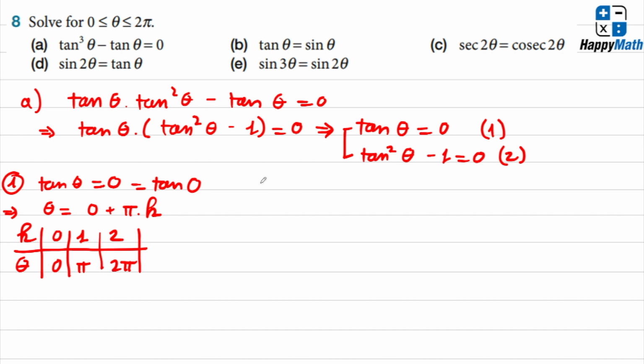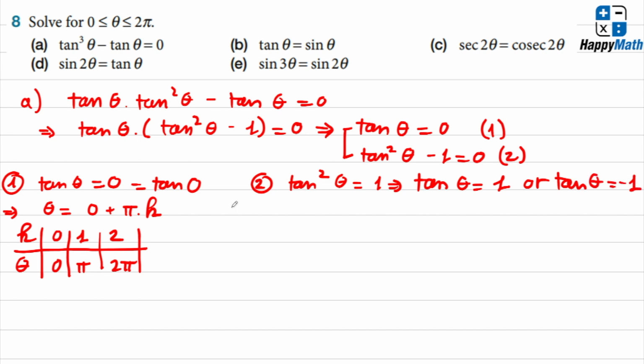And the second equation, you have two options. You have tan squared theta equal to 1, which means one more time you have to divide it into two equations. The first, tan theta equal to 1, and the second, tan theta equal to minus 1. For the first equation, tan theta equal to 1, this means theta has to be equal to pi over 4 plus pi times k.